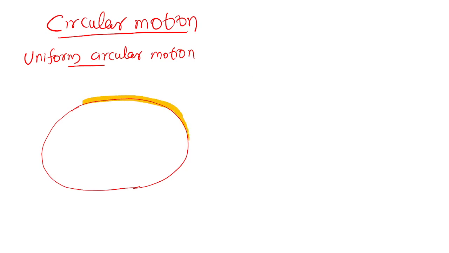Consider this is the circular track. Understood? This is a circular track on the ground. Suppose I am driving my bike through the circular track. Think like that, I am riding my bike. If I ride my bike with the same speed, I'm not talking about velocity.